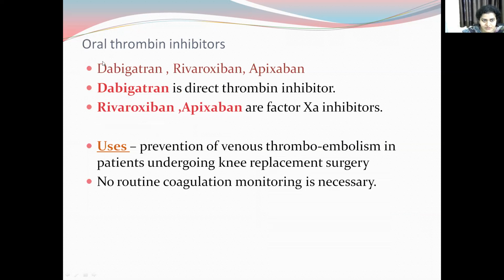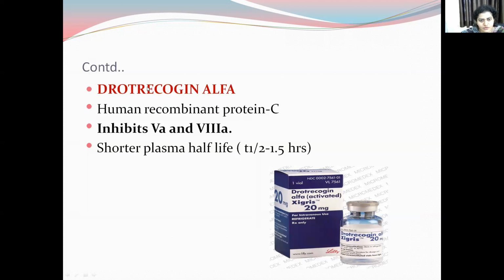Then now we'll go for oral thrombin inhibitors. I taught you about direct thrombin inhibitors, which are given only by the parenteral route, that is hirudin, lepirudin, bivalirudin, argatroban, and apart from direct thrombin inhibitors, the other drug, that is drotrecogin alpha, is also a parenteral anticoagulant.